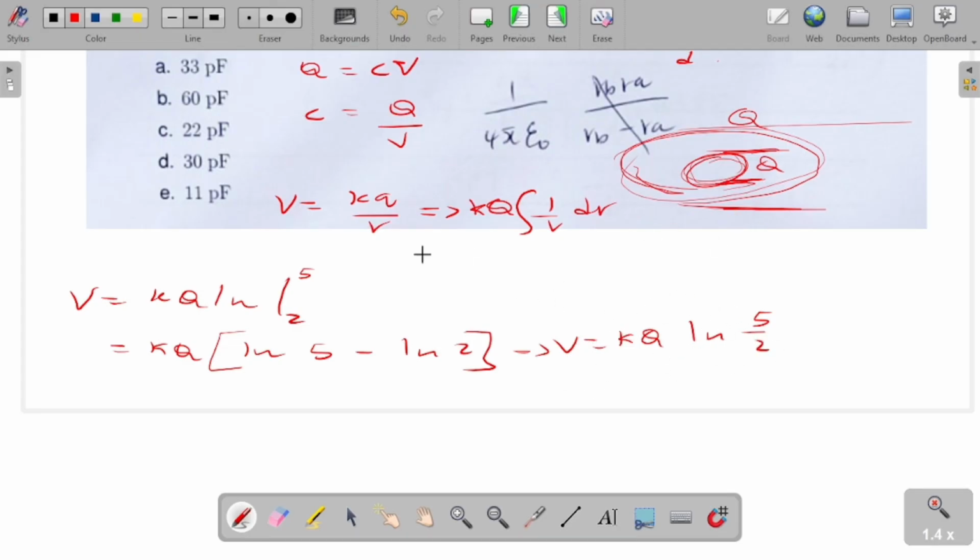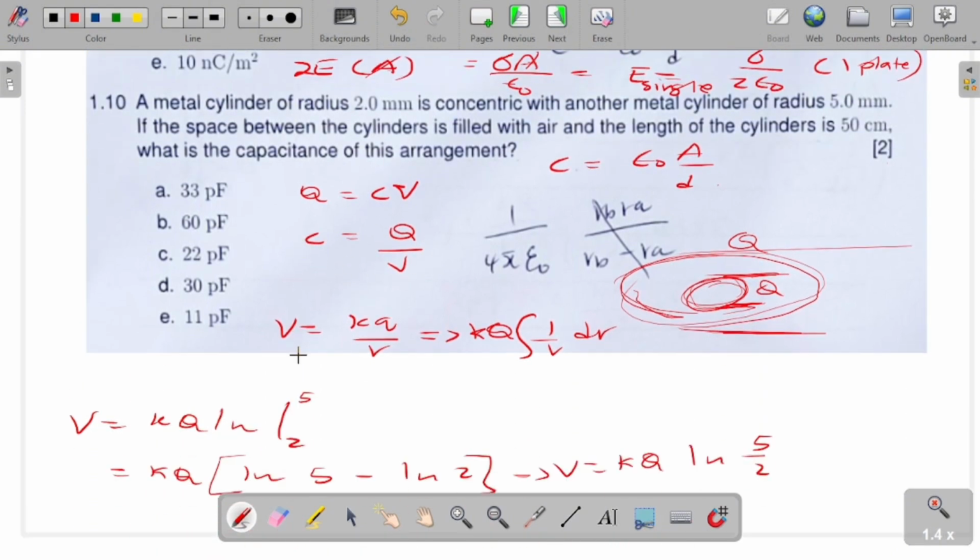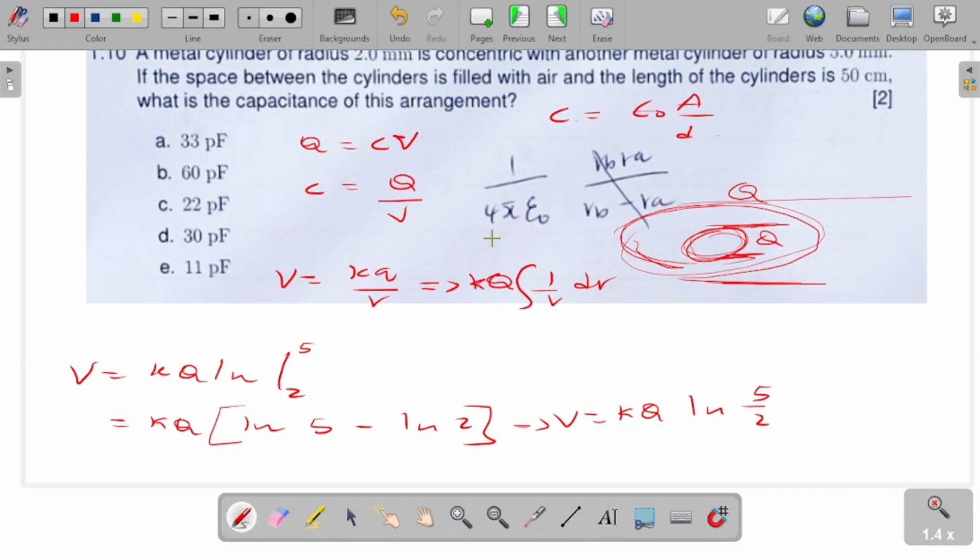After finding our potential, we need to find our capacitance. So our capacitance is Q over KQ ln of 5 over 2.